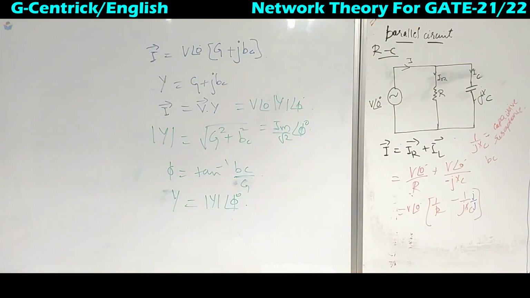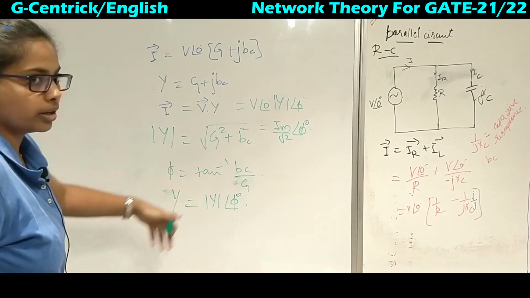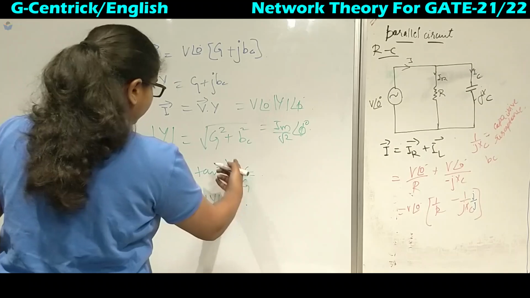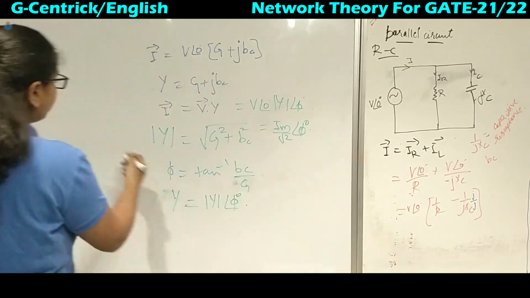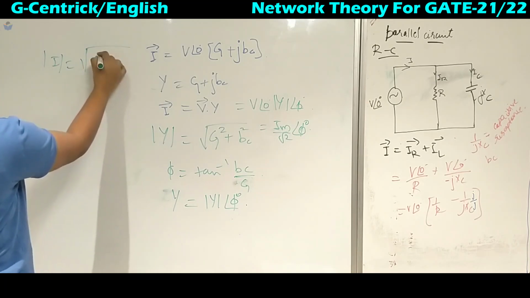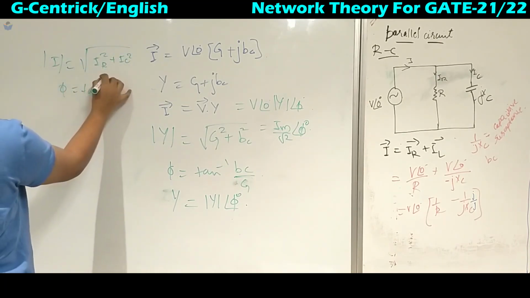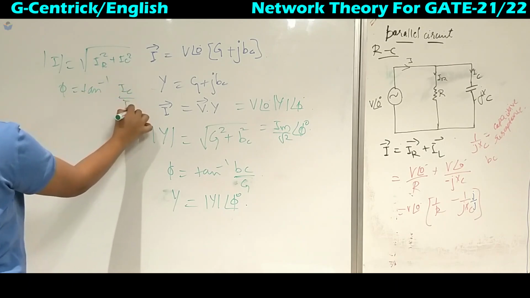So now we will draw the impedance triangle for this one. Basically we will call it the admittance triangle when we draw it in this way. So first we will take the I. Magnitude of I will be root of IR square plus IC square. So phi will be tan inverse of IC upon IR.